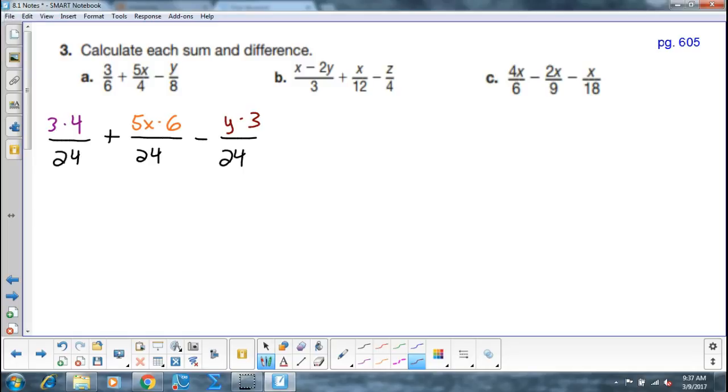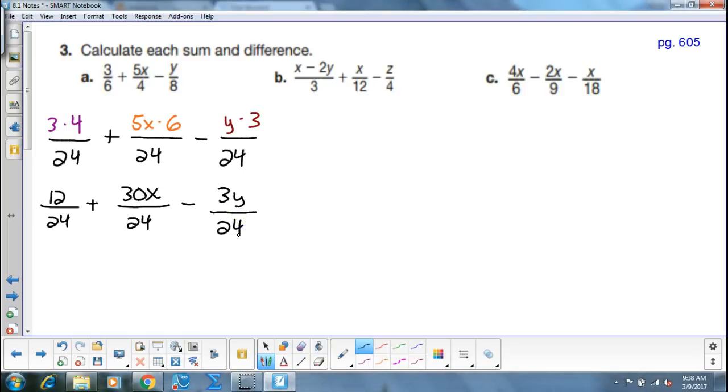With me? Okay. So this becomes 12 over 24 plus 30x over 24 minus 3y over 24. So I've adjusted all of my fractions.